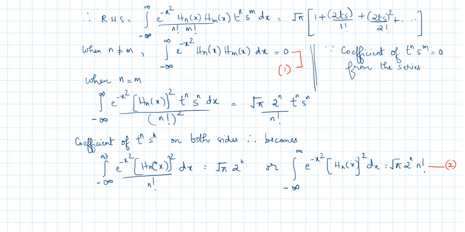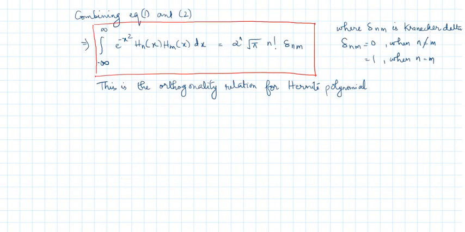Now I can combine equation 1 as well as equation 2 in a single relation by using the Kronecker delta, and my relation would be like this: integral from minus infinity to infinity e raised to minus x square Hn of x Hm of x dx is 2 raised to n root pi n factorial delta nm.